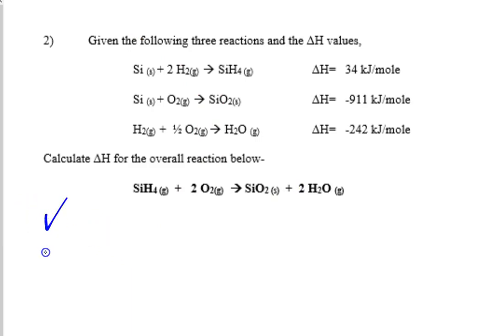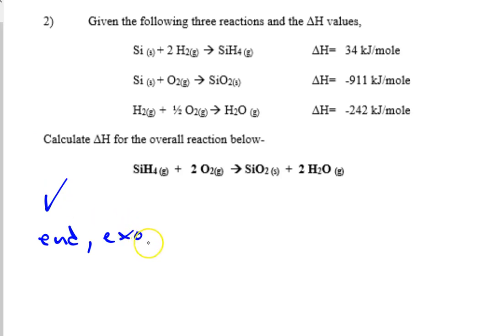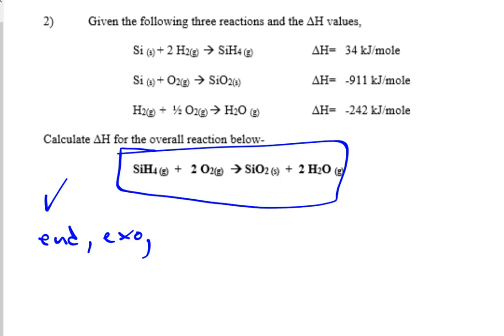It will ask you, and don't say them out loud, is the process endo or exothermic? You okay with that? It asks you to write this equation out in words. Like something something plus oxygen goes to something something plus water.